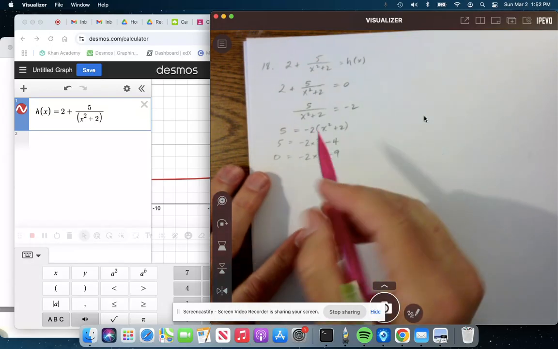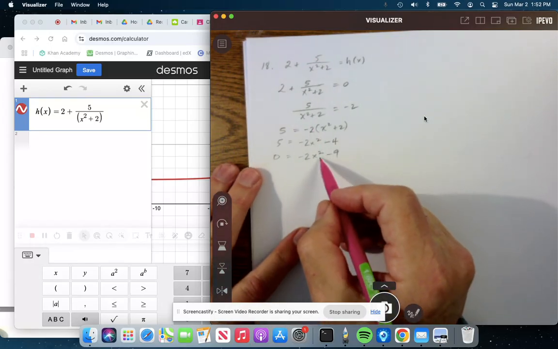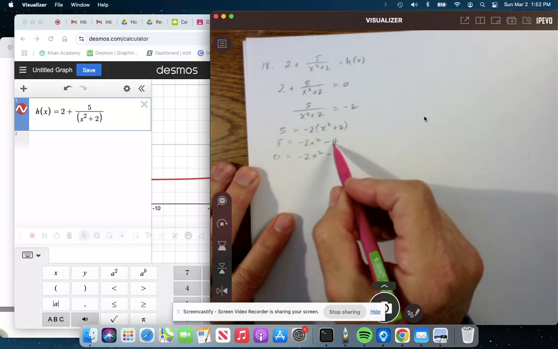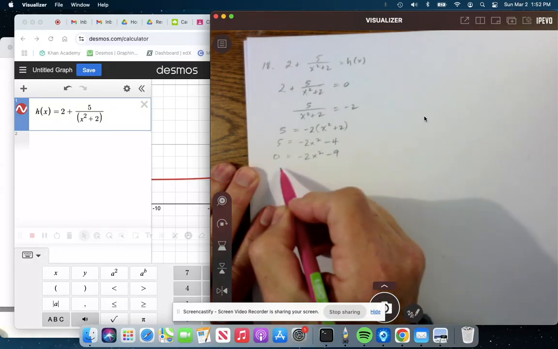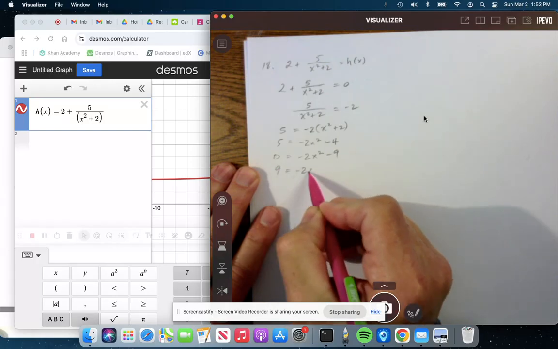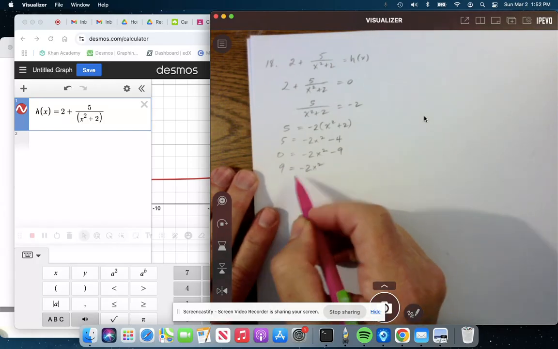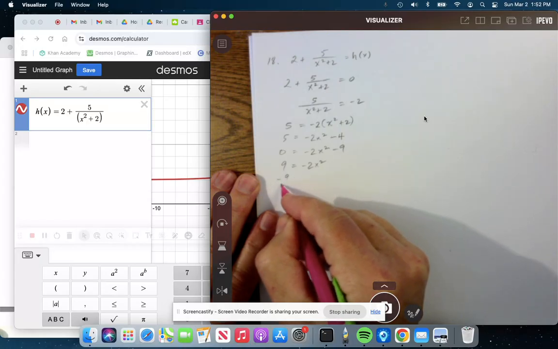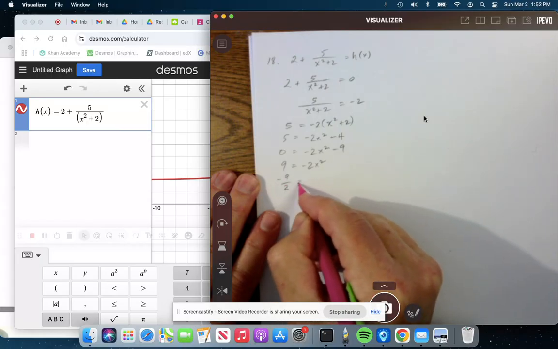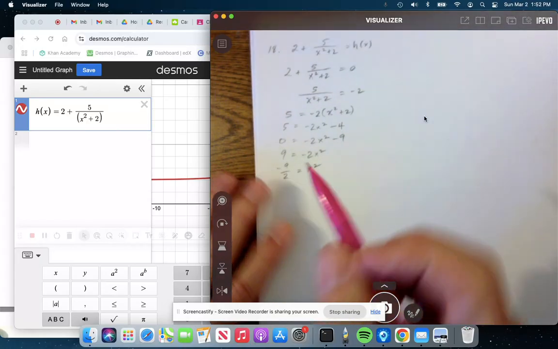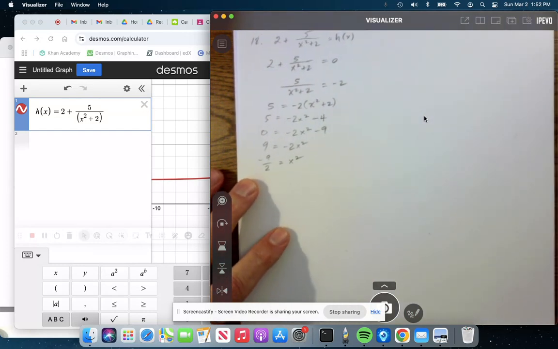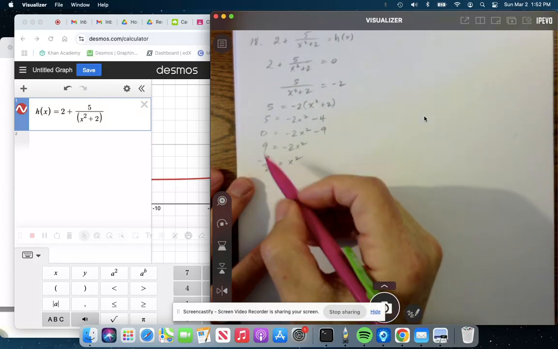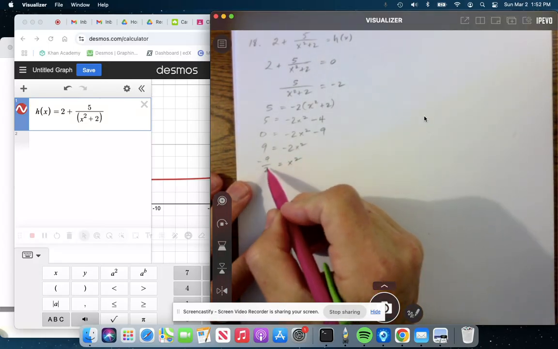Is there any way this is going to come out to be 0? I should have added this to the other side, so I'm kind of going the wrong way. So I'm going to add 9 to both sides. So 9 equals negative 2x squared. Divide by 2, I get negative 9 over 2 equals x squared. And there's your problem, right? I went a long way around to get here, but you can't square a number and get a negative.